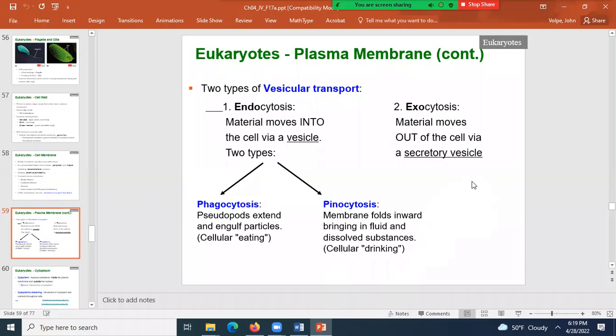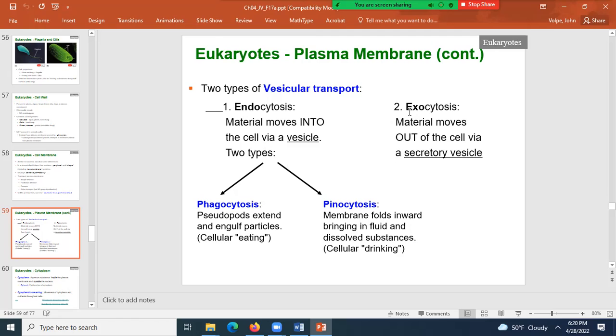So the cell membrane will reform, and it will form a vesicle inside the cell, and then the vesicle will move inside the cell. This can be called cellular drinking, and it's termed pinocytosis. Any question about phagocytosis and pinocytosis? Both of those are endocytosis.